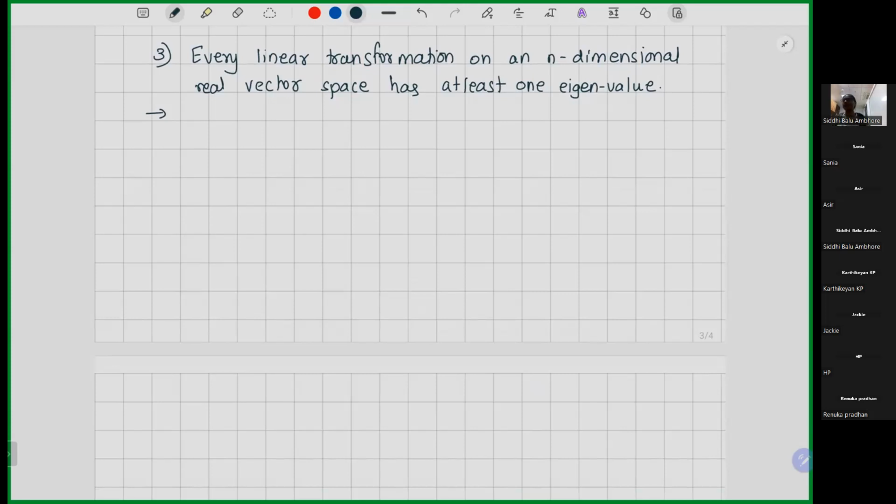Okay, so there are a few guesses. So let us see. They are saying that every given linear transformation on an n-dimensional vector space has at least one eigenvalue.